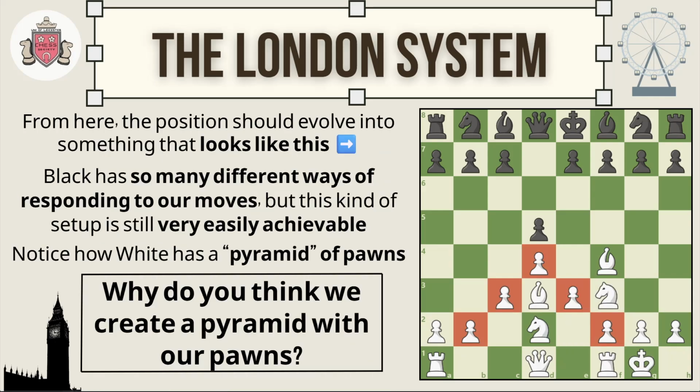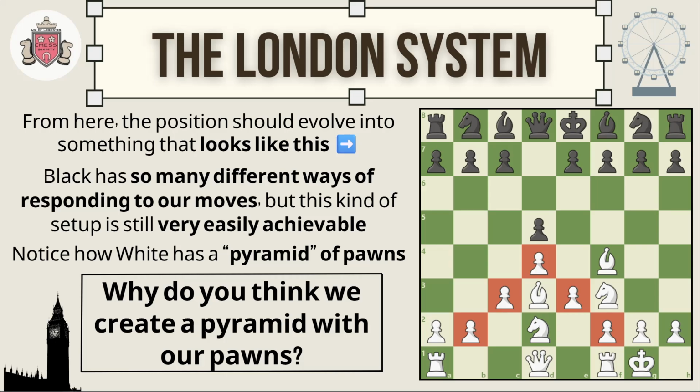If you ask any chess player what their thoughts are about the London system, they either hate it or absolutely love it. Josh right here is a very big hater of the London system. He does not like it at all. If you ask other people, they might love it. There's no in between, pretty much.